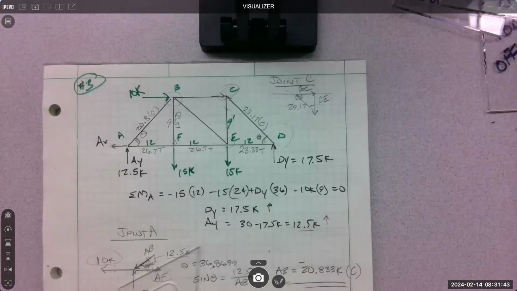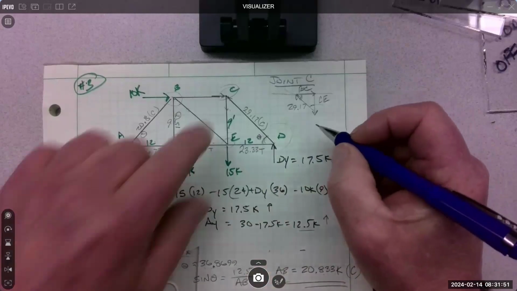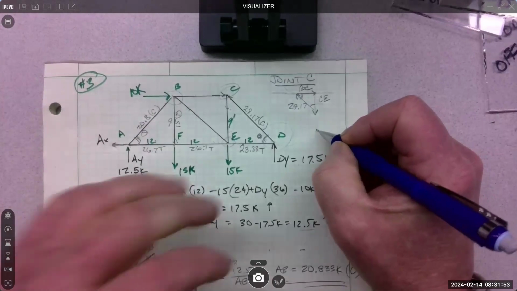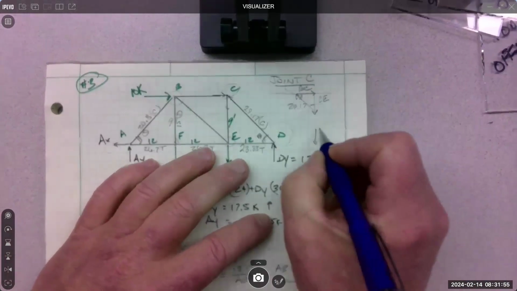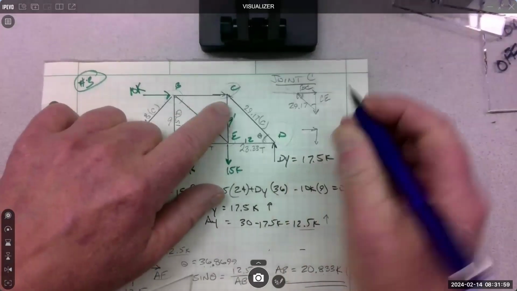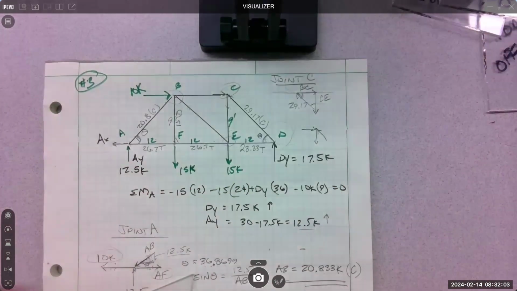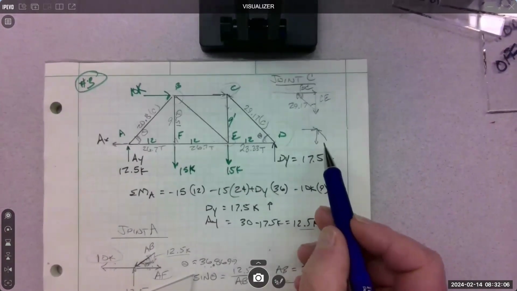How do I have you confused? If you draw it like the regular joint diagram, it would be like BCD, this, this, and this. That's the regular joint diagram, right?